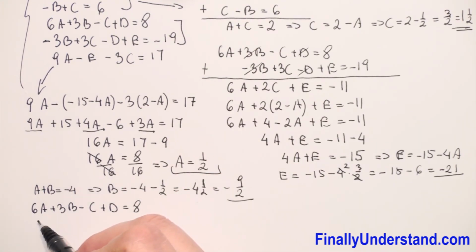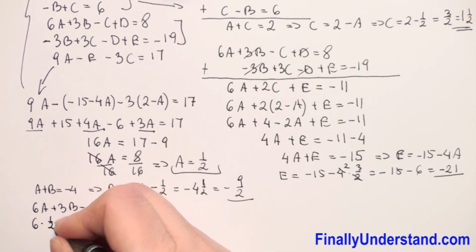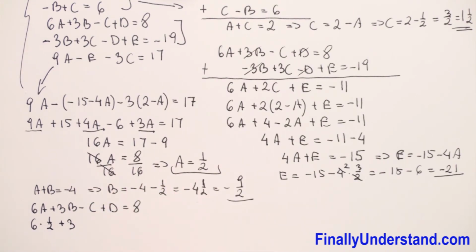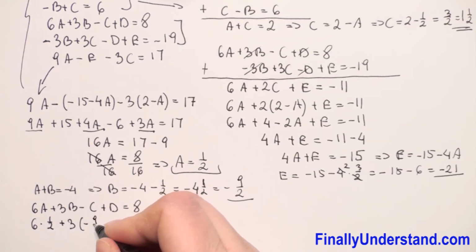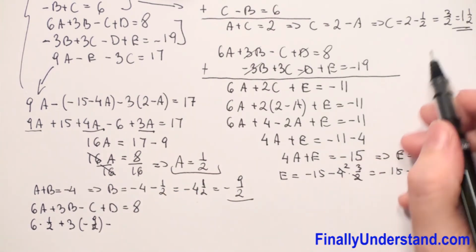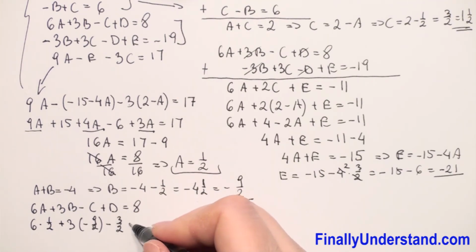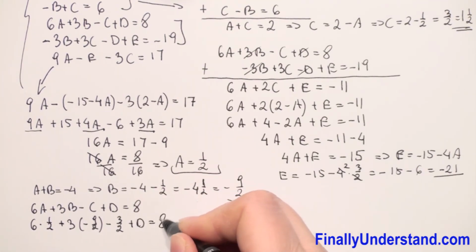So now when we substitute a by 1/2, so it will be 6 times 1/2 plus 3b is negative 9/2 minus c is 3/2, and we have plus d is equal 8.